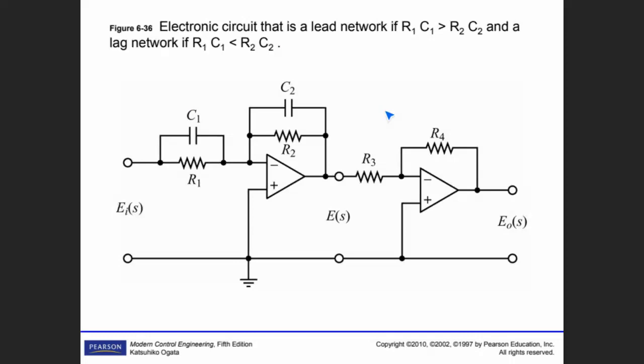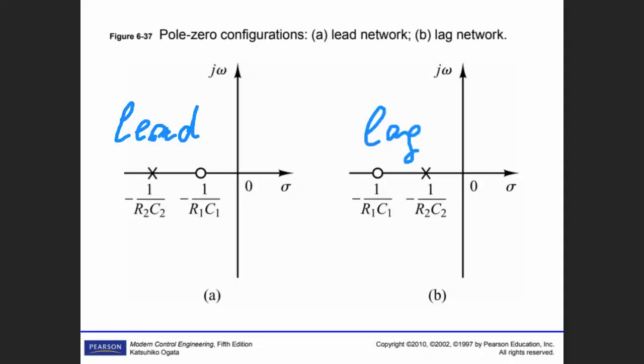But here, alpha for lag compensator, alpha is higher than 1. For lead, alpha is smaller than 1. For lag, alpha is higher than 1.